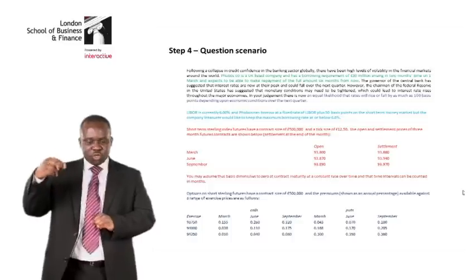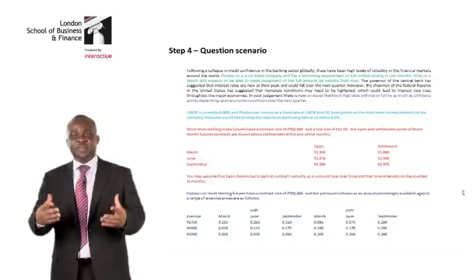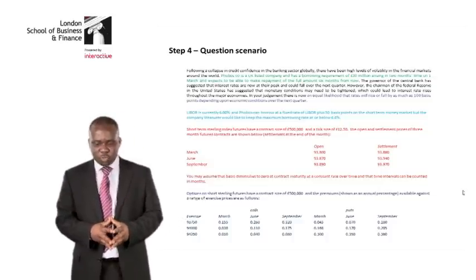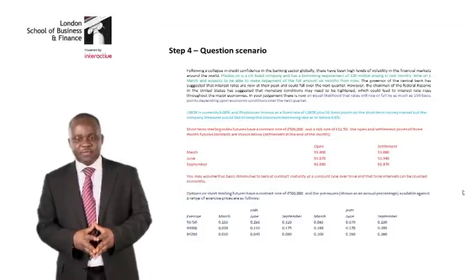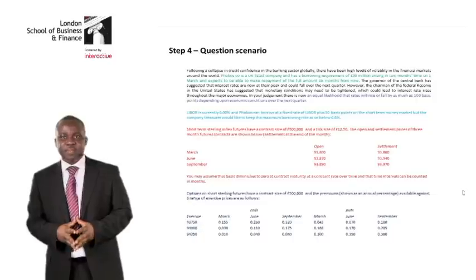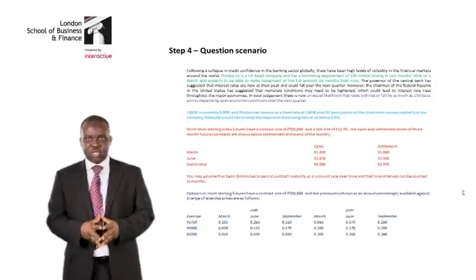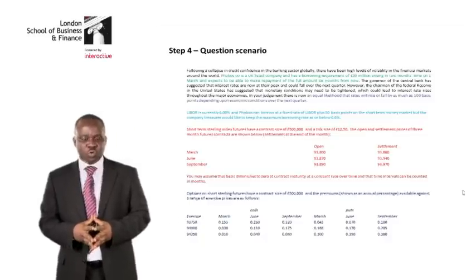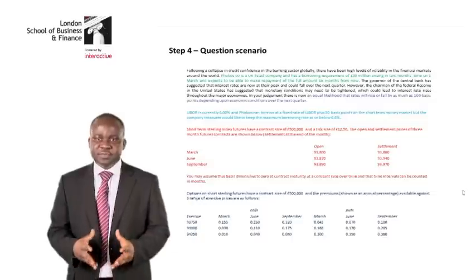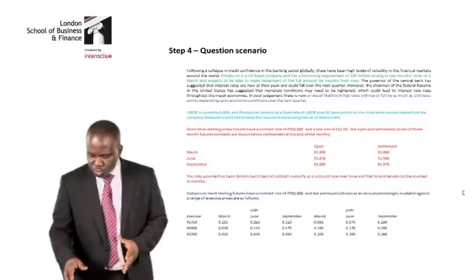So we can notionally borrow, in this case, on the basis of 500,000 pounds. And the tick size is also given as 12.5, which is important. March, June, and September contracts are also given, with their corresponding prices. You need to watch out for this because you cannot enter into all these months' contracts. You need to enter into one. So you need to take note of that.